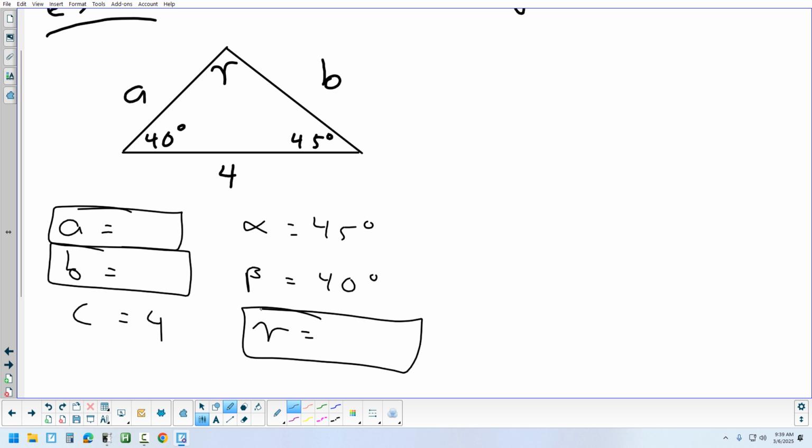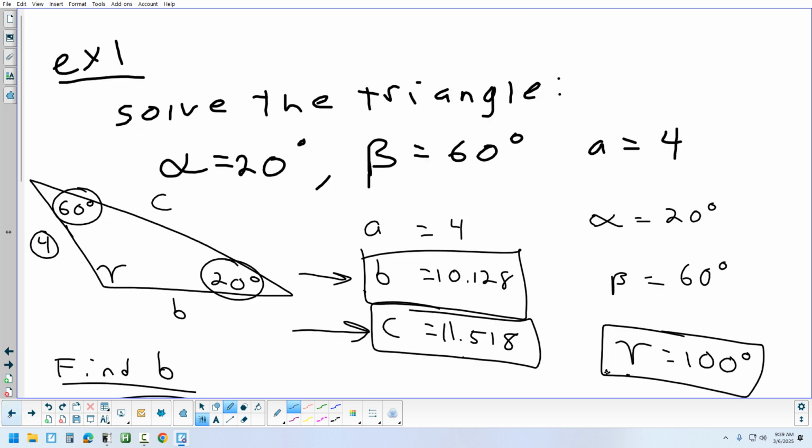As you do lots of law of sines problems, you start to notice a pattern. When you set up that table, it is very important that you have a full row. If you do not have a full row, or you don't have a way to get a full row, you're not going to be able to use law of sines. That's why if I give you side, side, side, you do not have a full row.